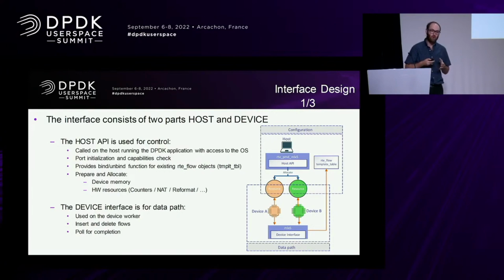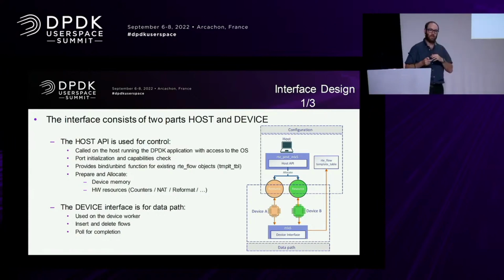It does all of the things that need to be done in the control phase. It also prepares and allocates the device memory. So this host is able to allocate resources on device A, and it is also able to allocate resources for device B. With the regular RT template API, we can create an RT flow template table.